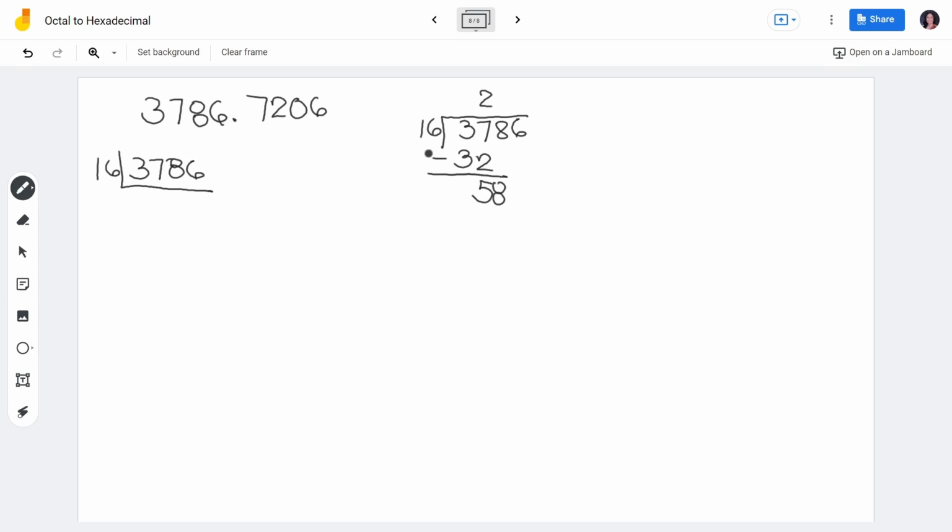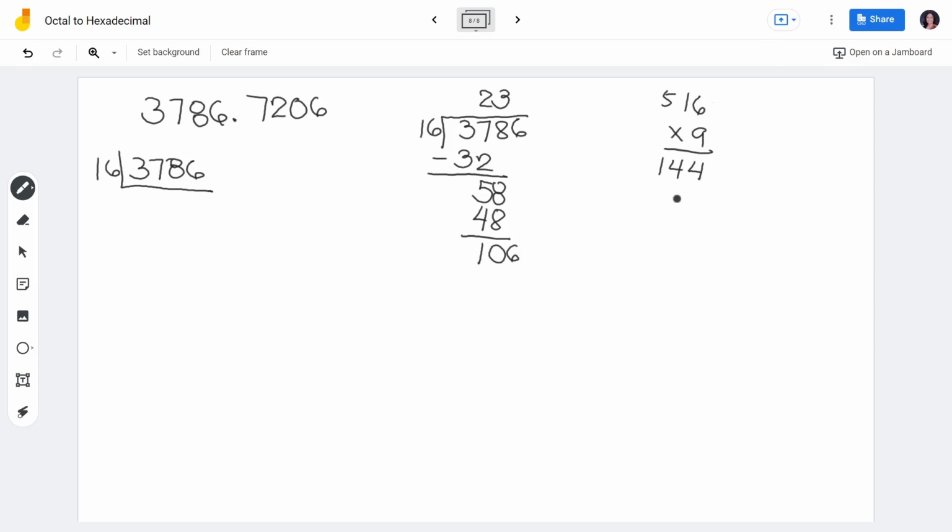58. 58 divided by 16 is, okay, 16 times 4 is 64, so we have 3. So 3 times 16 is 48. So we have 10. Next is 106. So how many 16 do we have in 106? Let's try 16 times 9. So we have 144.